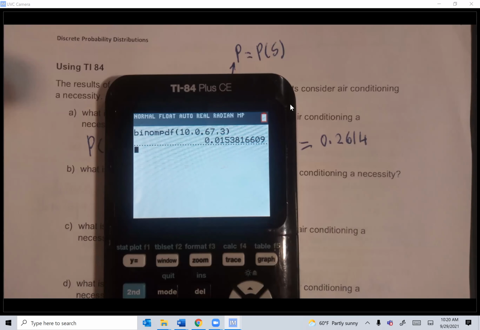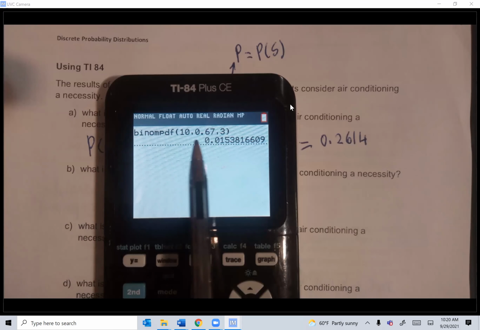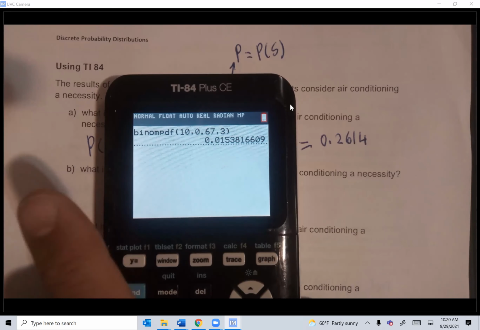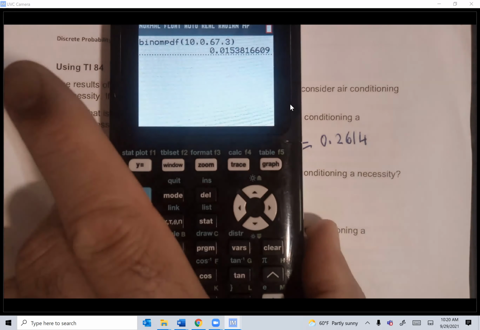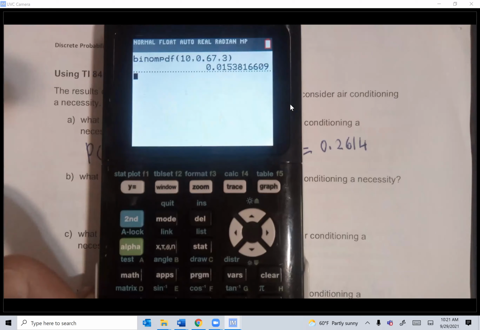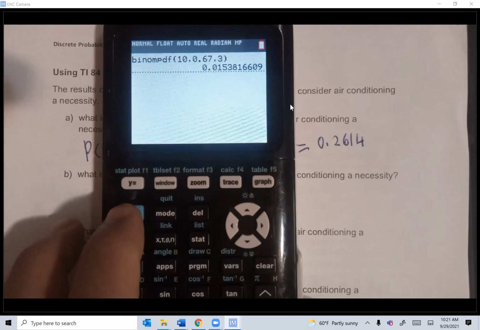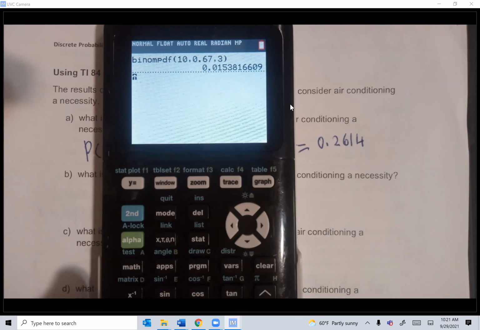That's the probability. What if I ask you what's the probability that all of them consider air conditioning a necessity? There is a way, guys, to bring this formula back without having to go through the whole thing one more time. Not many people know about it. If you press second and then enter, you get the formula back.